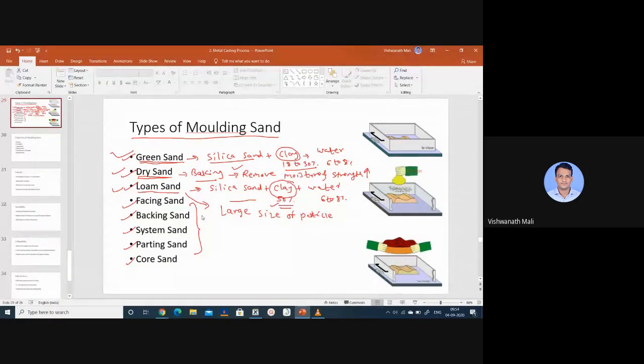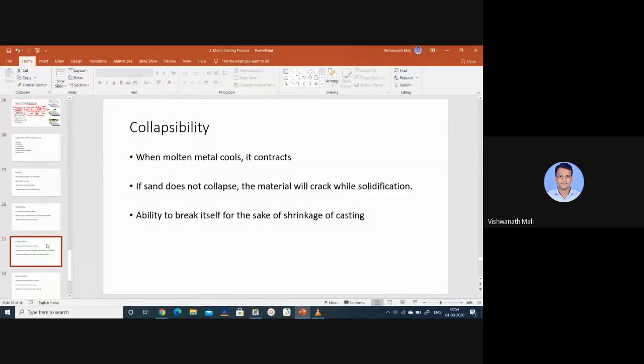They decide the proportion of facing sand, meaning fresh sand, and backing sand, meaning used sand. They mix that and use it as the system sand. It is the combination of facing and backing sand, and generally they go for it when there is an automation system.